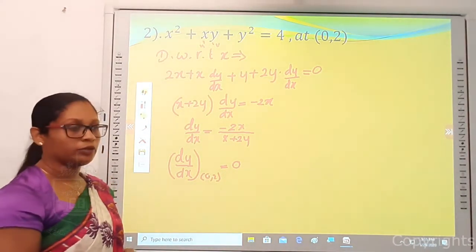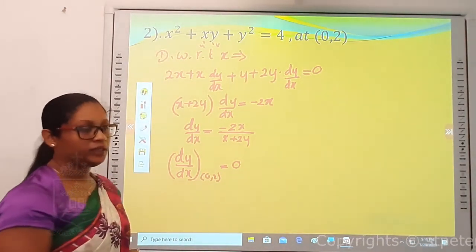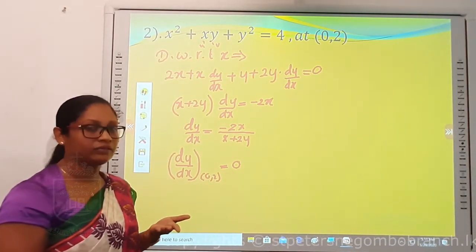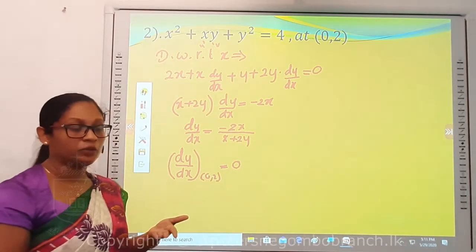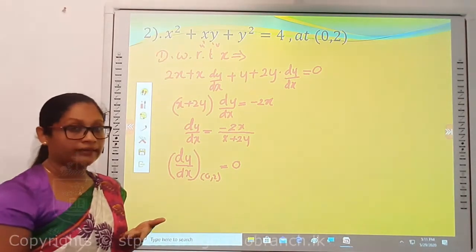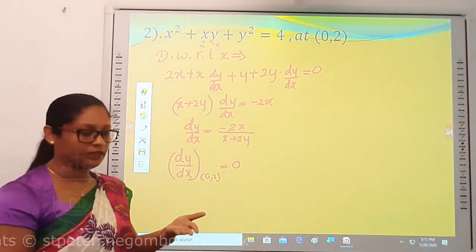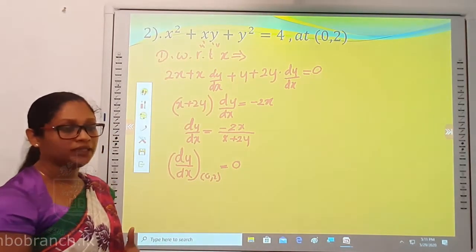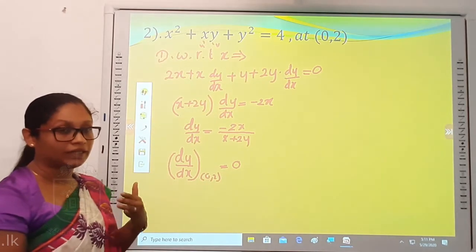The gradient of the tangent is 0, so what kind of a line is this? This line is actually parallel to the x-axis; there is no angle between the x-axis and the line. And the normal should be parallel to the y-axis.